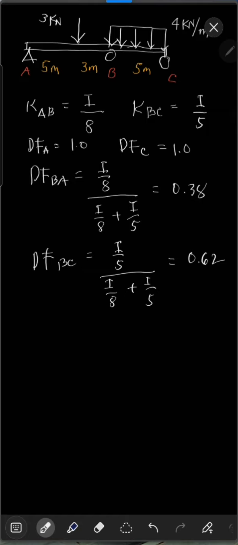Okay, so unsa may sunod na buhaton? Human na ta sa step 1 and step 2. The next is fixed end moment, step 3. So again, nakita na to gain na, the fixed end moment for simply supported is P A B squared over L squared.